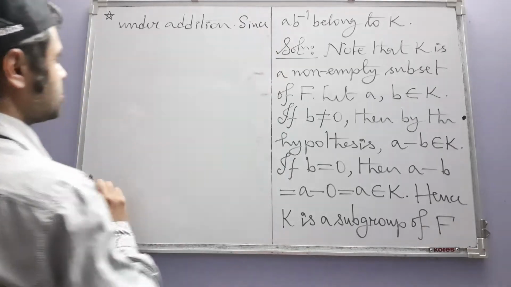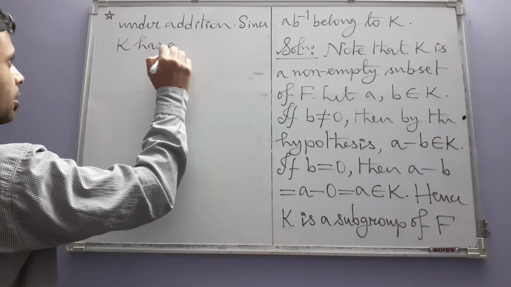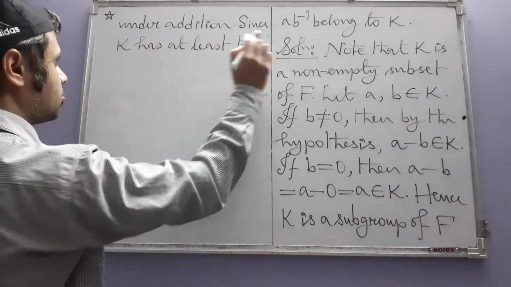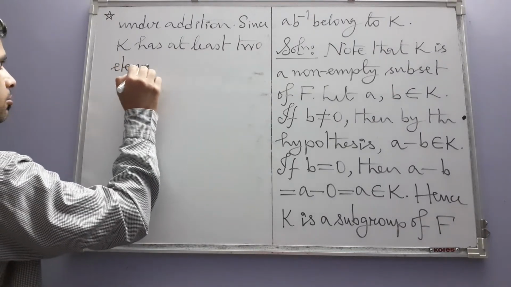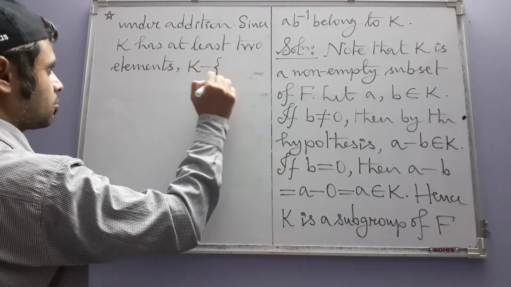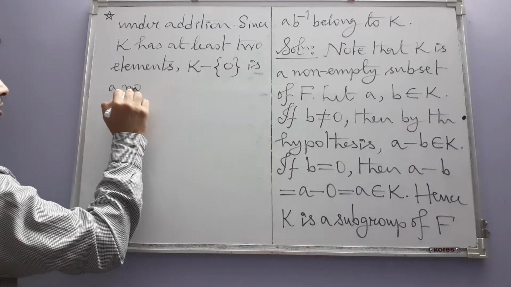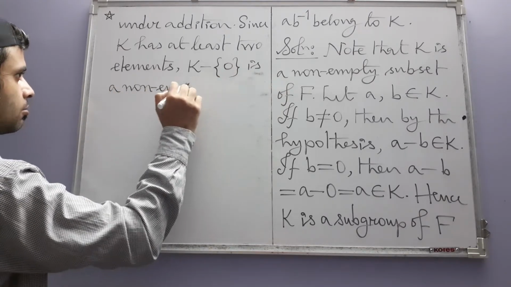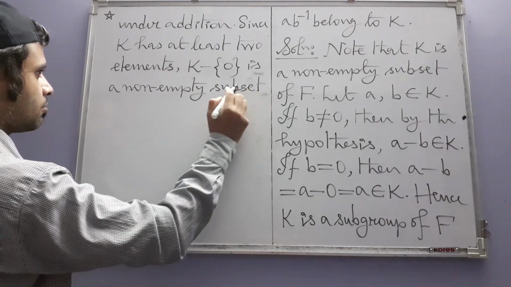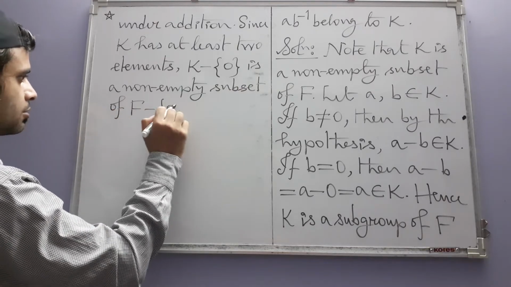So we write next, since K has at least two elements, K difference 0 is a non-empty subset of F difference 0.